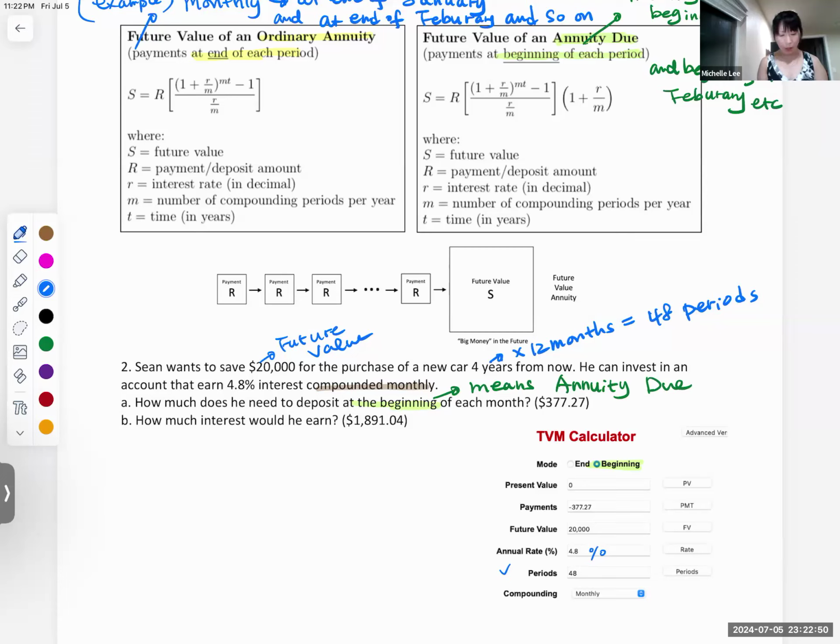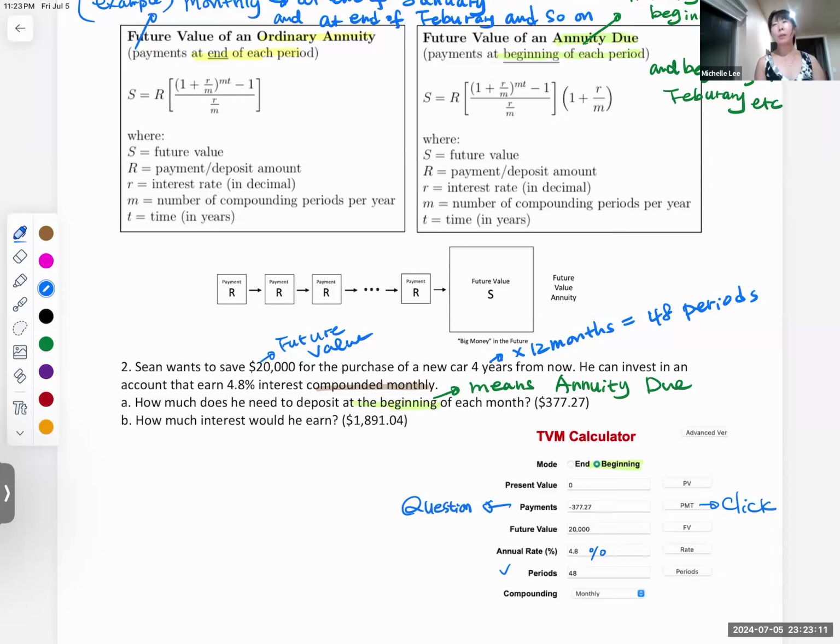Okay. Now, how much does he need to deposit at the beginning? So the payment is the question. So we click here.